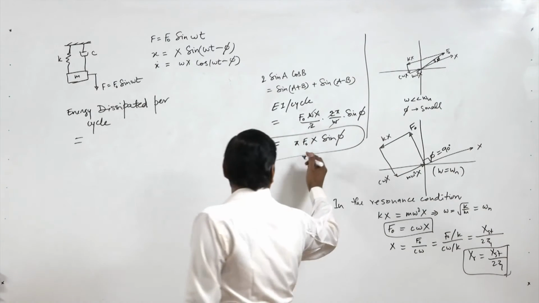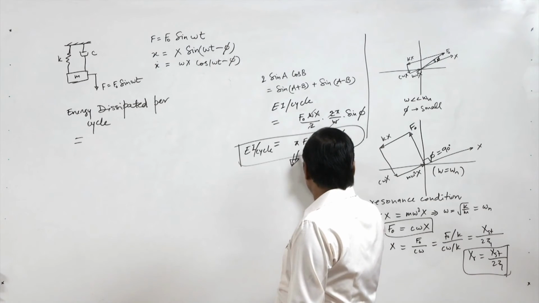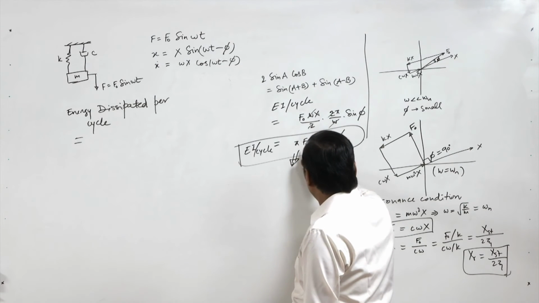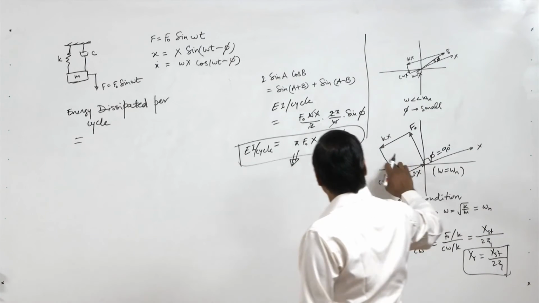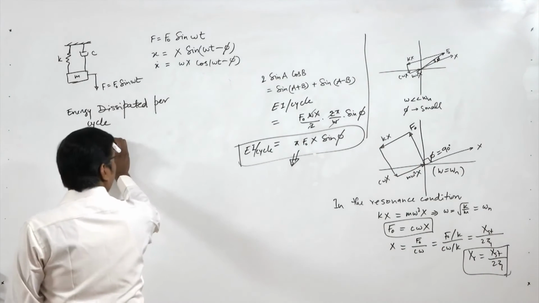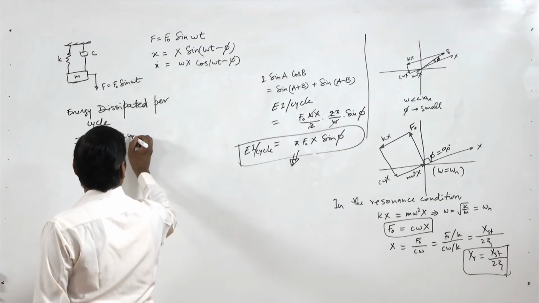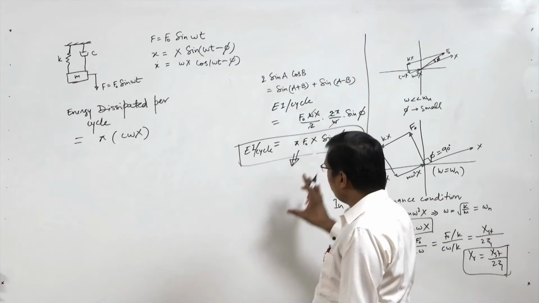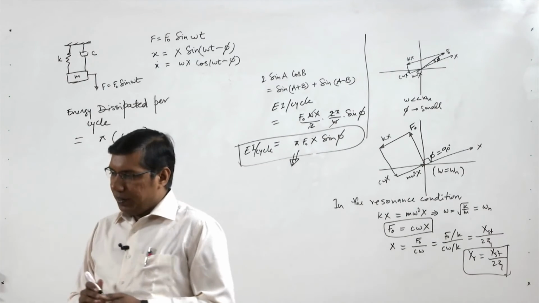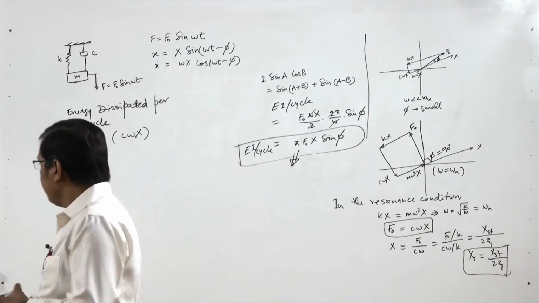So in this formula, in place of F0 I put c omega x, because this is a damping force and I want to know the energy dissipated by the damping force.